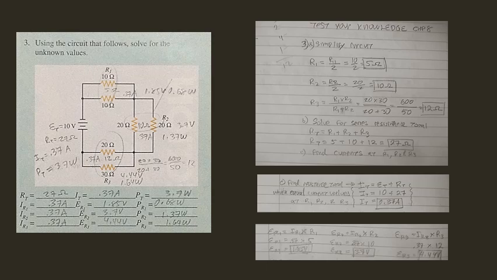The voltage drop at R1 equals the current total, 0.37 times 5 ohms, which is 1.85 volts. At resistor 2, we have 0.37 amps times 10 ohms, which is 3.7 volts. And the voltage drop at resistor 3 is 0.37 amps times 12 ohms, or 4.44 volts.